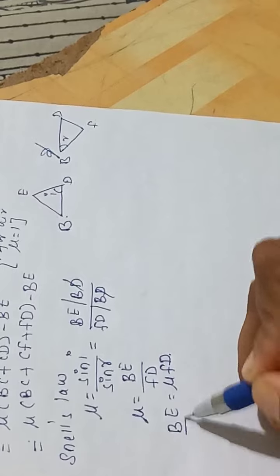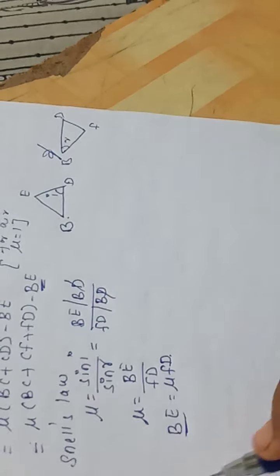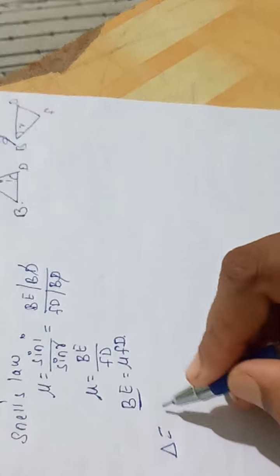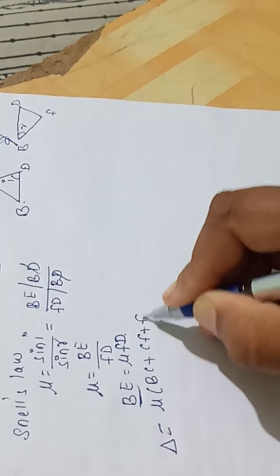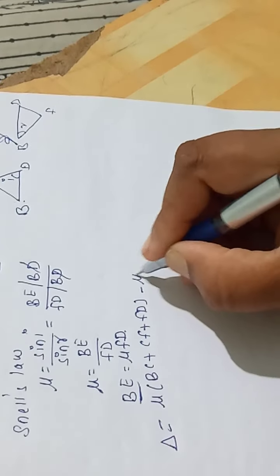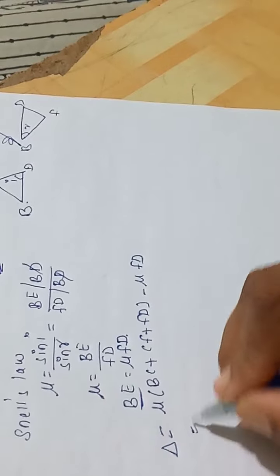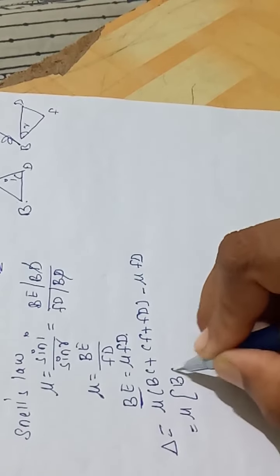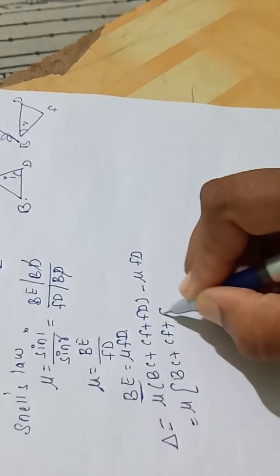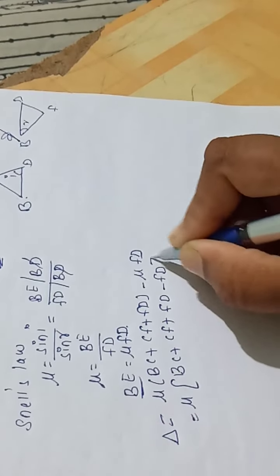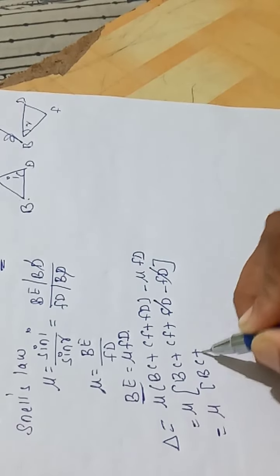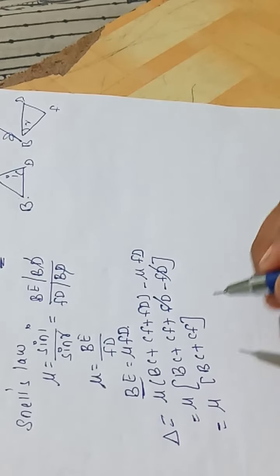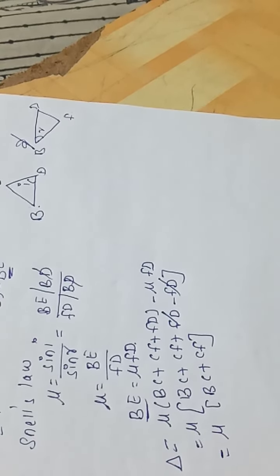Alright. Now let us substitute this value here. So we get the path difference equal to mu (BC plus CF plus FD) minus mu FD. Let us take mu as common: BC plus CF plus FD minus FD. FD strikes off, leaving mu (BC plus CF). Now again let us look at the diagram.